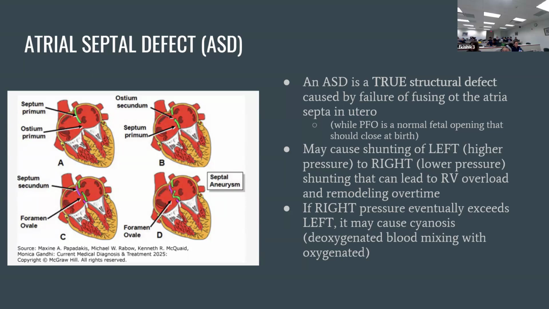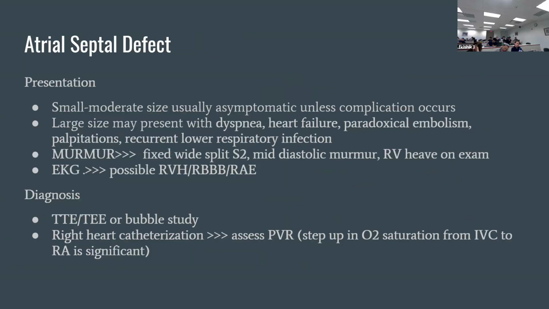If the right pressure eventually exceeds the left, it may cause cyanosis. But initially, this is usually an acyanotic lesion. And if it's small enough, this can also present much later in life. So small to moderate size, usually asymptomatic unless a complication occurs.